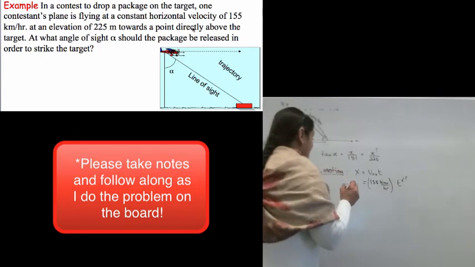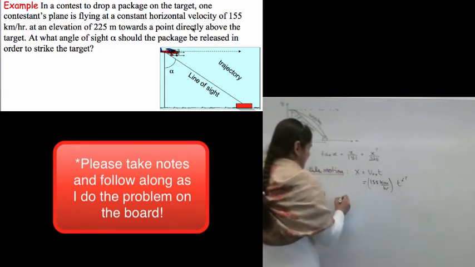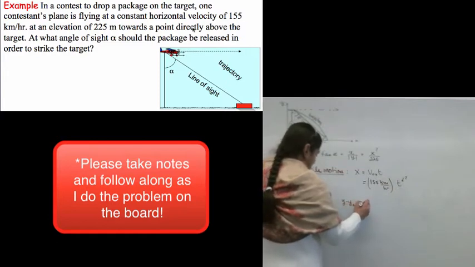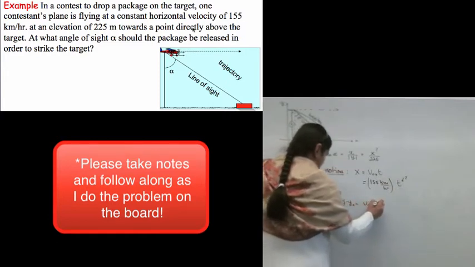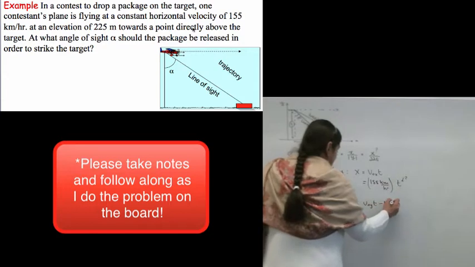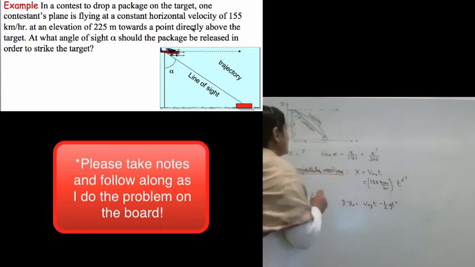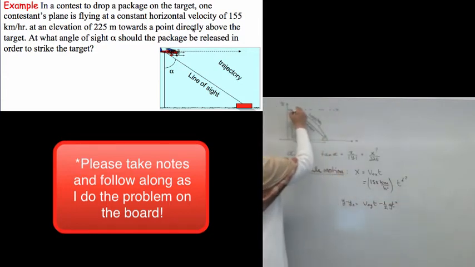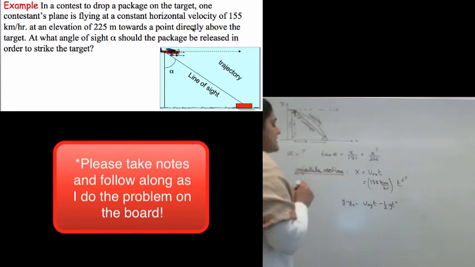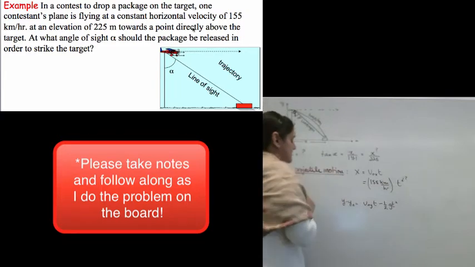Well, I do know also for projectile motion, y minus y naught is equal to v naught y t minus a half g t squared. If this package is being dropped from the airplane, what is its initial y velocity?